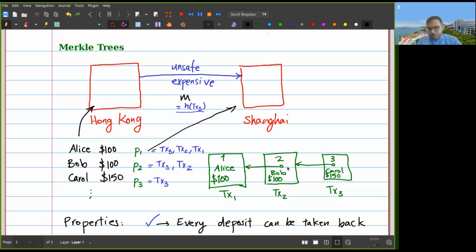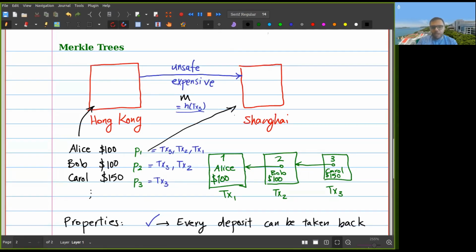In the chat, you're asking, does Alice also have P2 and P3? No. Alice only has P1. By definition, P1 is whatever we give to Alice. But P1 contains transactions 1, 2, and 3. And the reason for that is, suppose that Bob and Carol don't show up to take their money. Alice should still be able to take her money, right?